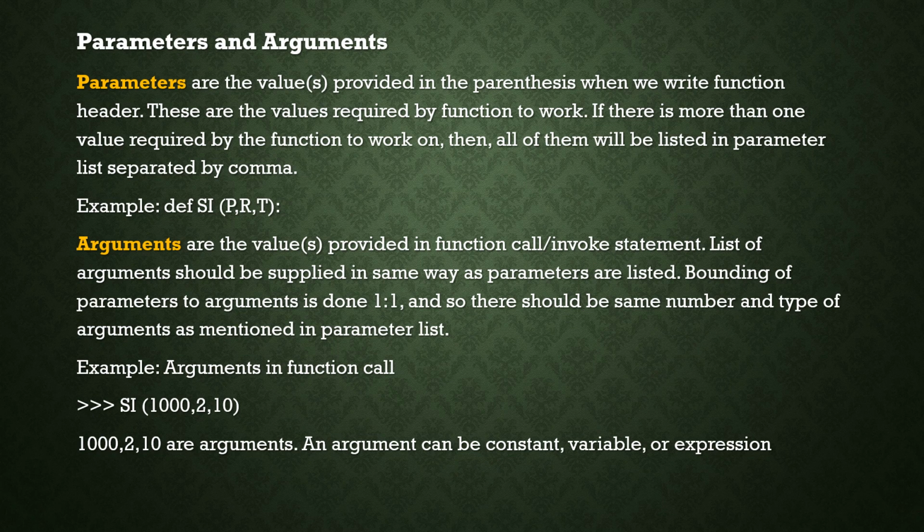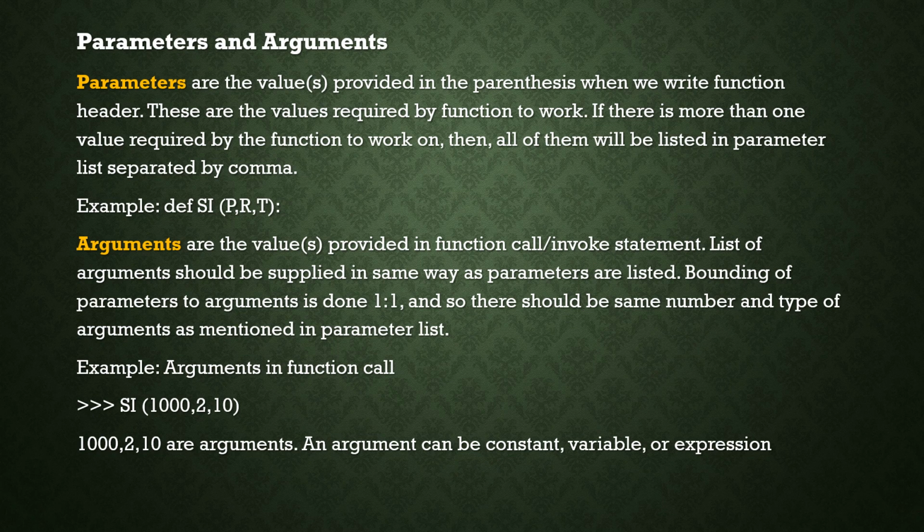See, parameters and arguments, variables, or we can say identifiers, have a similar meaning. Actually, parameters and arguments have some different meaning, like whenever you are passing values from one function to another. In the function header, it is called a parameter.